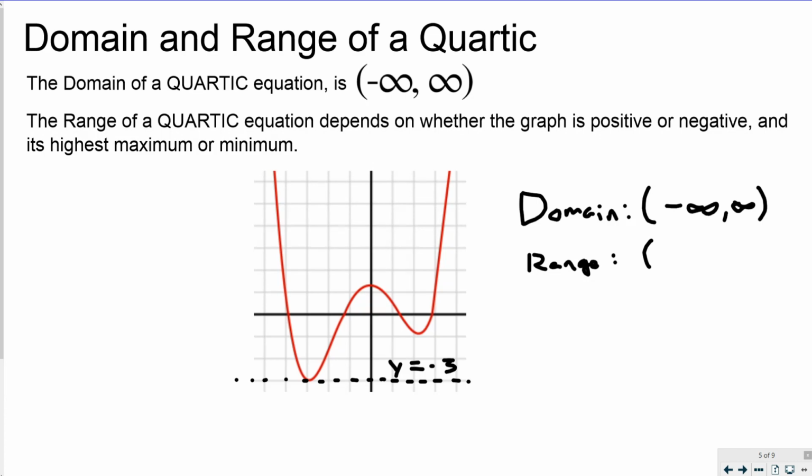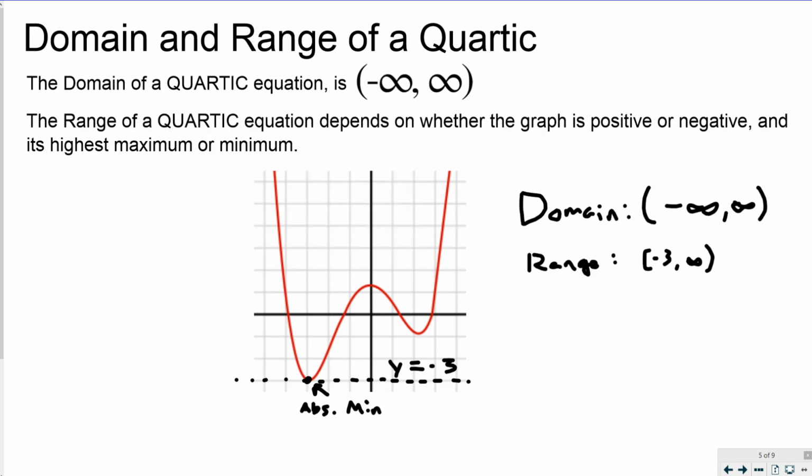So I need to use a bracket, and my range would be from -3, described with a bracket, all the way up to positive infinity, which we would describe with a parenthesis. Now, this is the absolute minimum, and this absolute minimum is represented in the range. The absolute maximum is infinity.